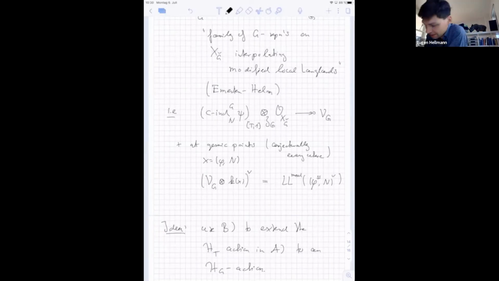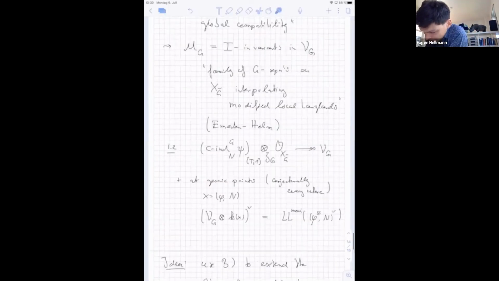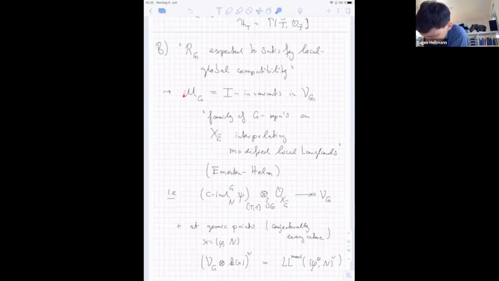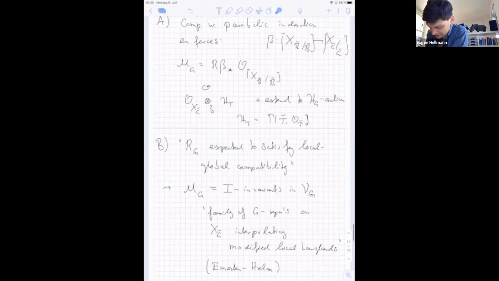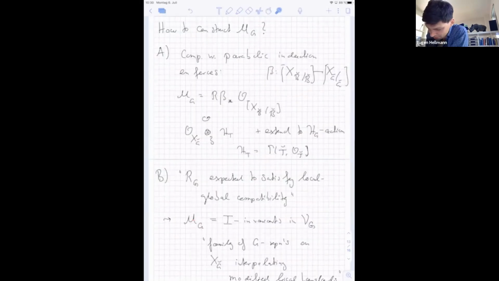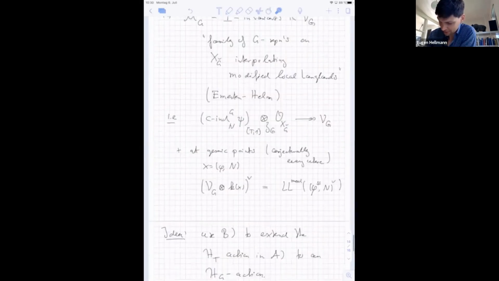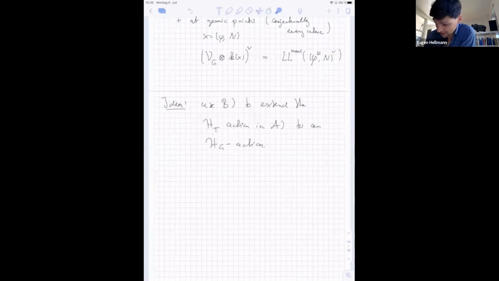Which means that in some sense I start with this family, which in some sense is already constructed, which is a Hecke module, and I just show that this MG here agrees with this MG, which comes as a direct image as a module over this guy here, but this in addition actually has an action of the full Hecke algebra. Okay, so this is the main strategy.